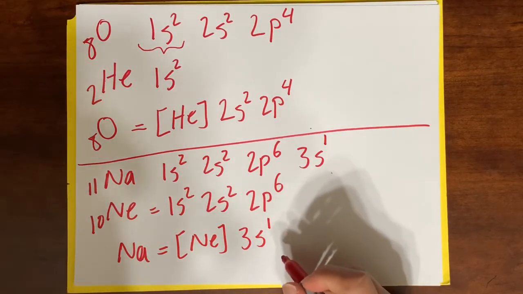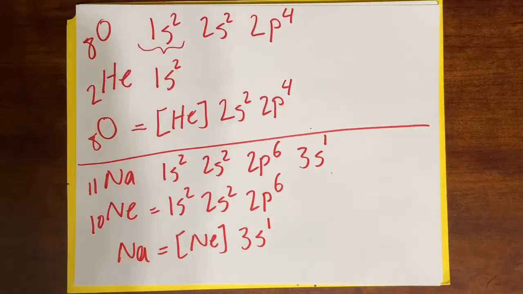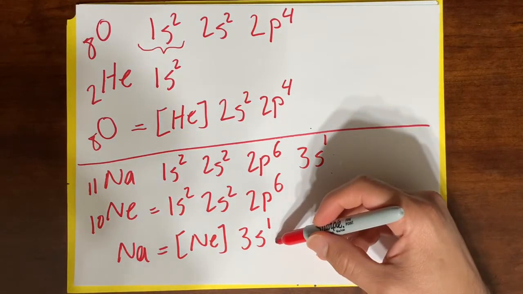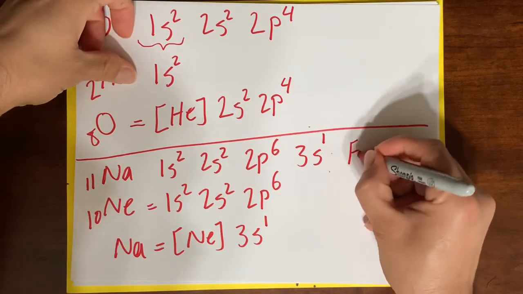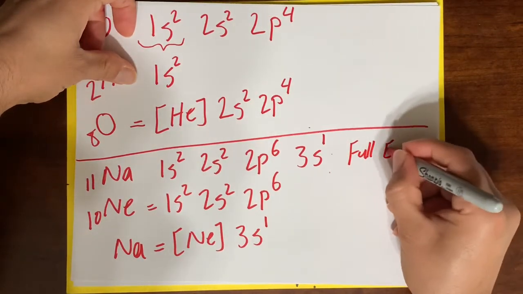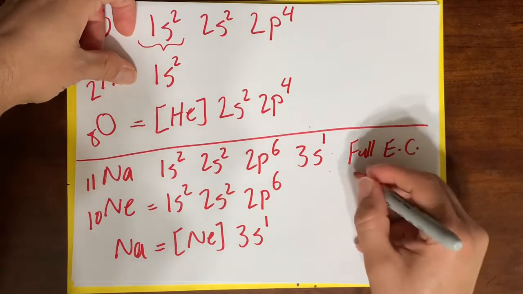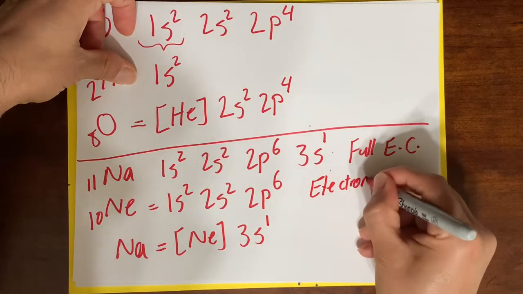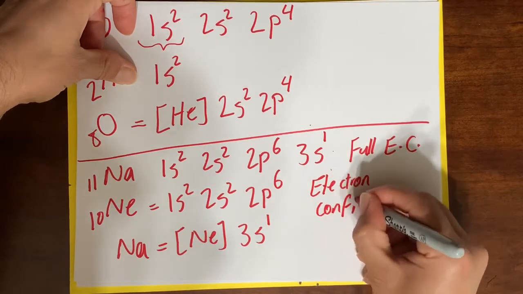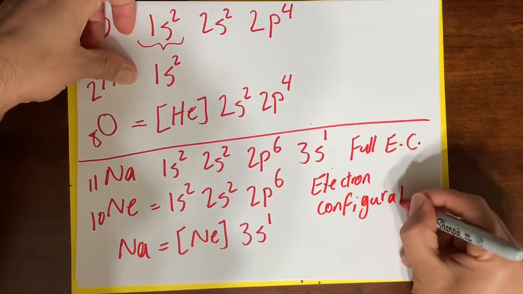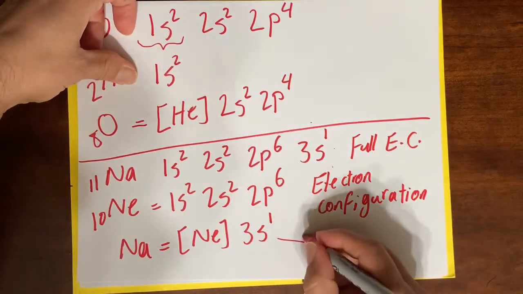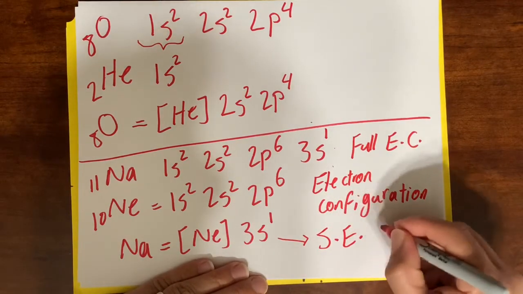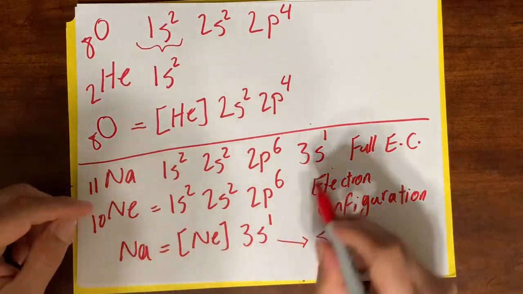This is the short electron configuration of sodium. So this one is the full electron configuration, and this one is the short electron configuration.